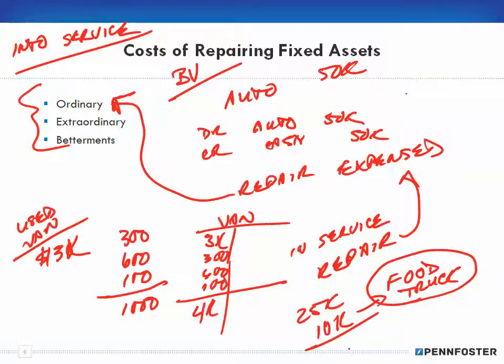So my book value of that van is going to be $35,000. Once I put it into service, a flat tire, an inspection, or an oil change are all repairs which get expensed, as an ordinary cost of repairing the fixed asset.